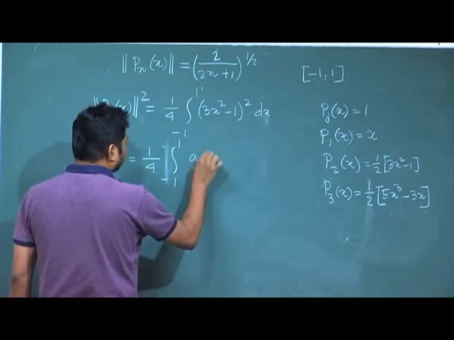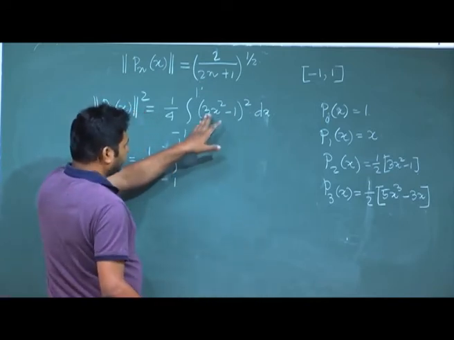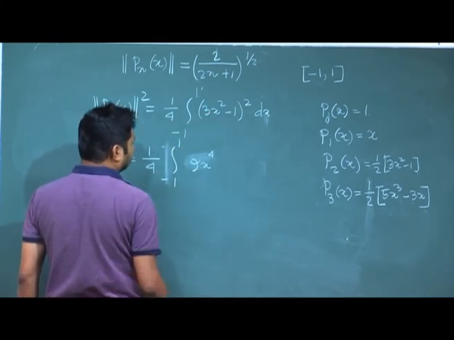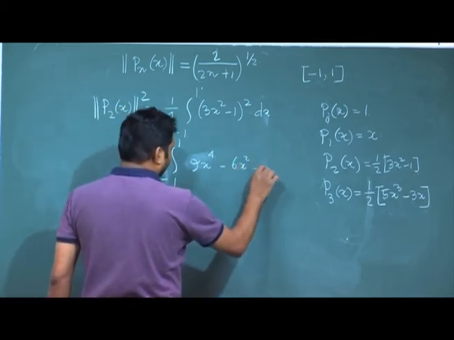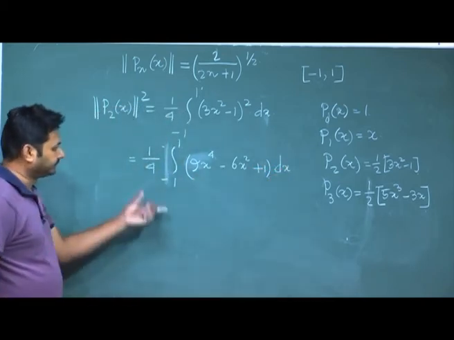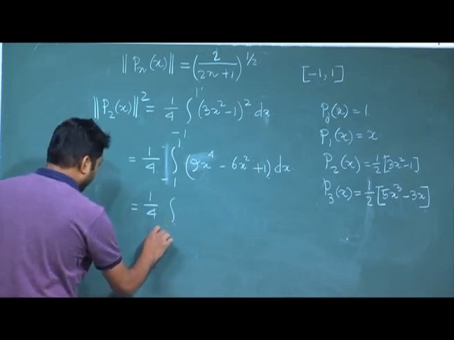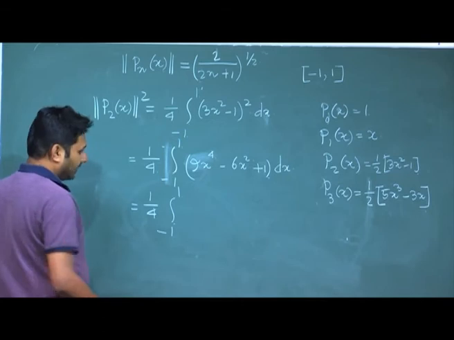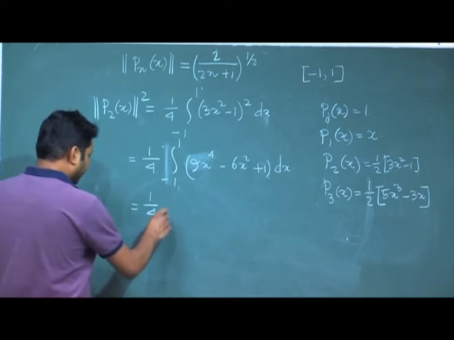So, it is 9 x to the power of 4 minus 6 x square plus 1, dx. Let me write it clearly. 3 x square is also squared. So, 1 by 4, integral minus 1 to 1 of this quantity. Let me directly integrate that.